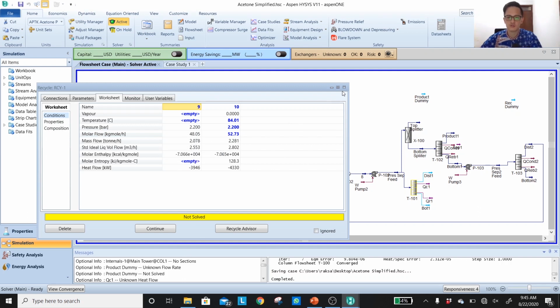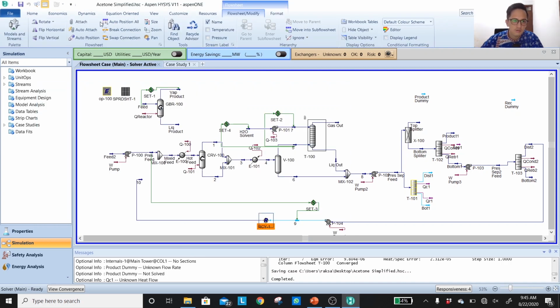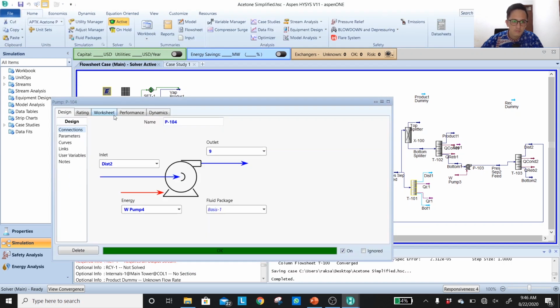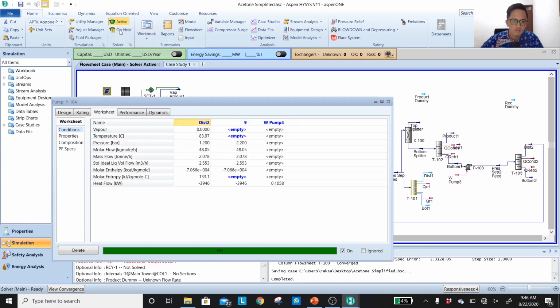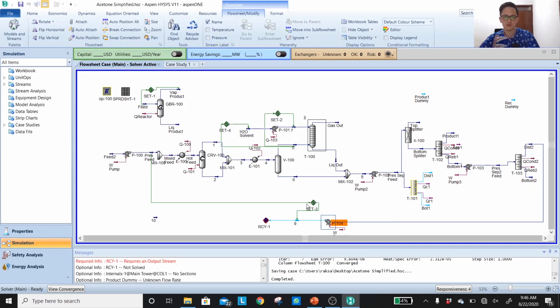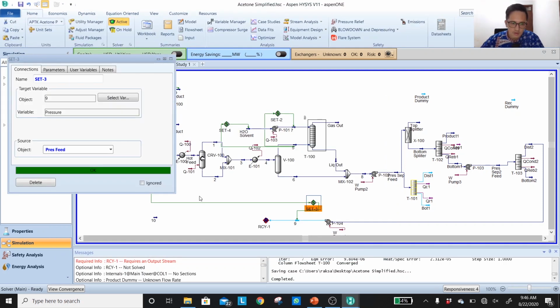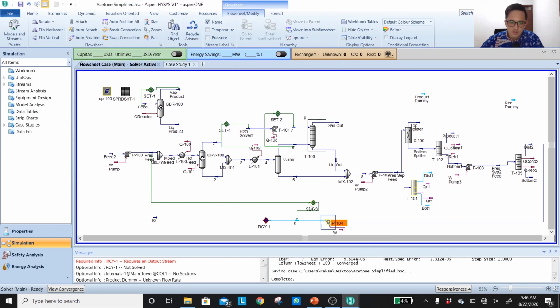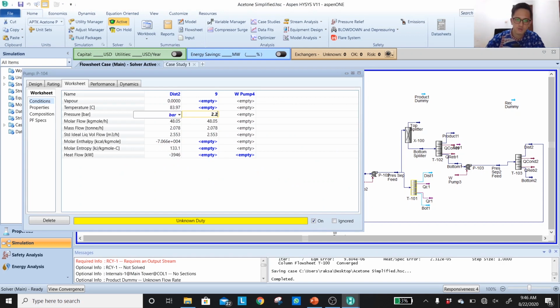Okay, the number is not correct, so let me break the connection first. Let me think. Let me ignore this one. So I will set my pressure now manually to 2.2.